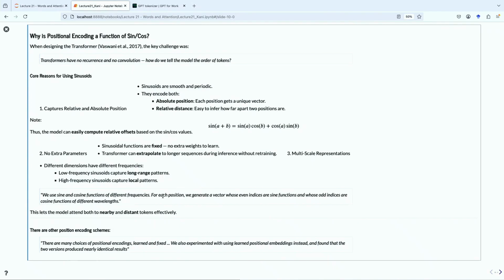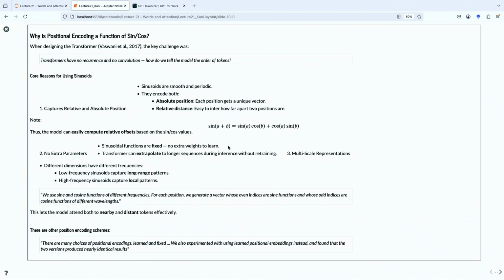And in the paper, they specifically say they use sines and cosines at different frequencies, and for each position, they generate a vector whose even indices are sine functions and whose odd indices are cosine functions of different wavelengths. So in their position encoding, each dimension is related to a sinusoidal function of a different frequency.